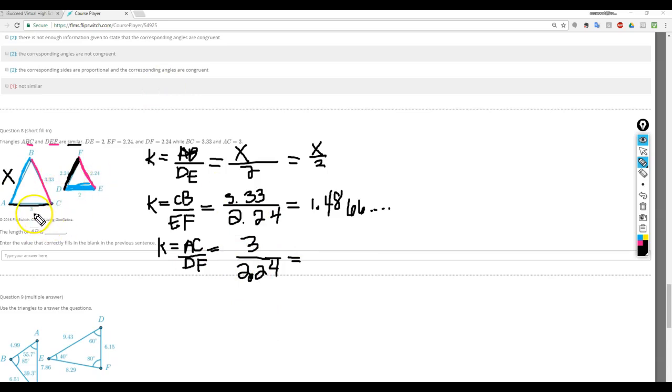I believe AC needs to be 3.33 in order to have our same proportions. So 3.33 divided by 2.24, that's 1.486 and some change.